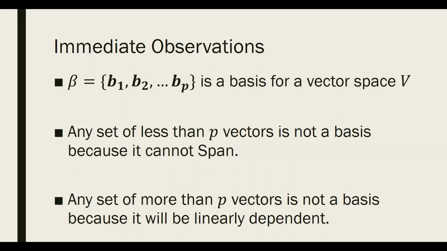All right, so let's take some immediate observations. Let's say we have a basis B for a vector space V. If I had fewer vectors, then I wouldn't be able to span the vector space V. So if I have a basis with, in this case, P different vectors, any set with less than that many vectors can't be a basis because it would not have enough vectors to span the vector space.